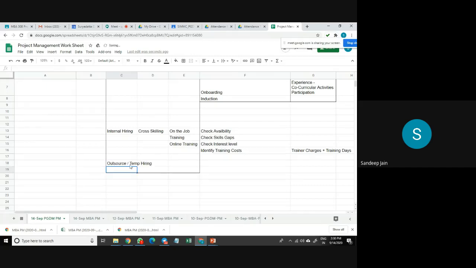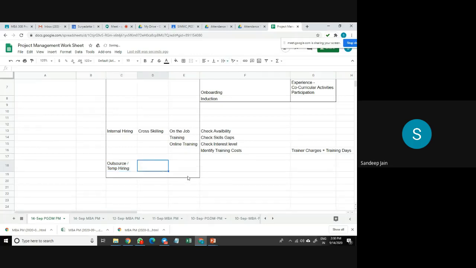So where is temp hiring frequently done? Temp hiring is done in the unorganized sector, and it happens on a large scale. Isn't internship also a type of temp hiring? It is not temp, but it's another category.